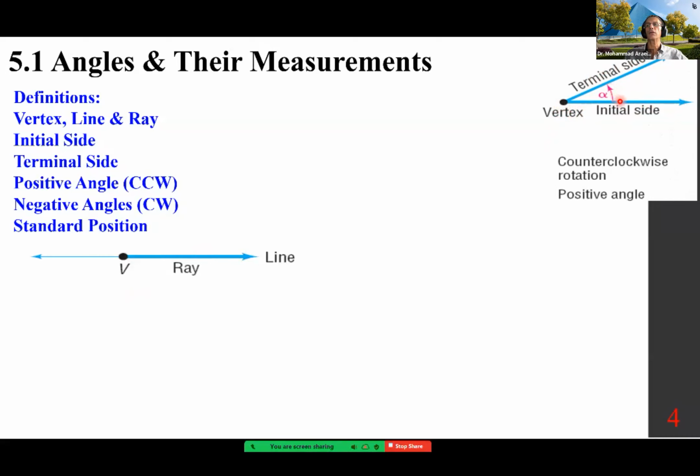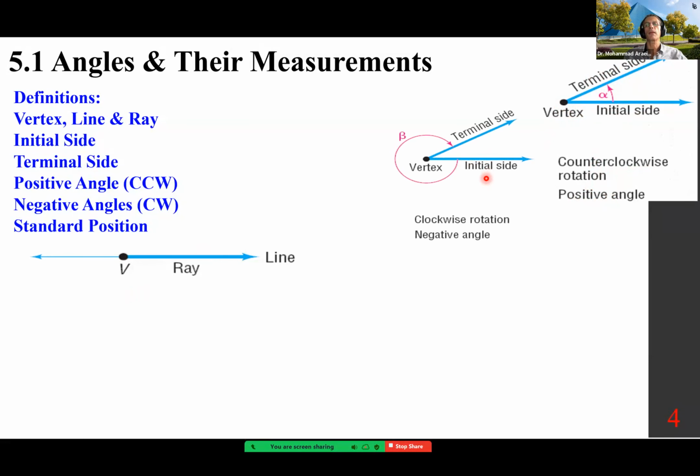And this angle, which in this case we're going to call alpha, is counterclockwise. And therefore it's a positive angle. If you look at its clockwise rotation, it's a negative angle.